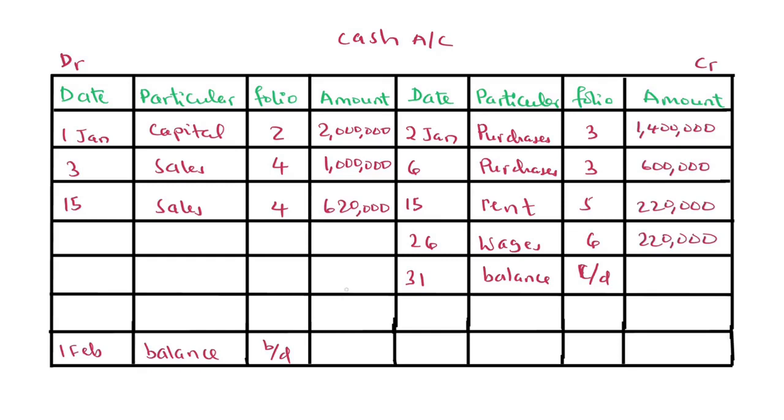Okay, so now let us finalize our cash account by finding the sum. After summing the values, the total here is going to be 3,620,000. So we are going to take the same figure on our credit side as well, 3,620,000.